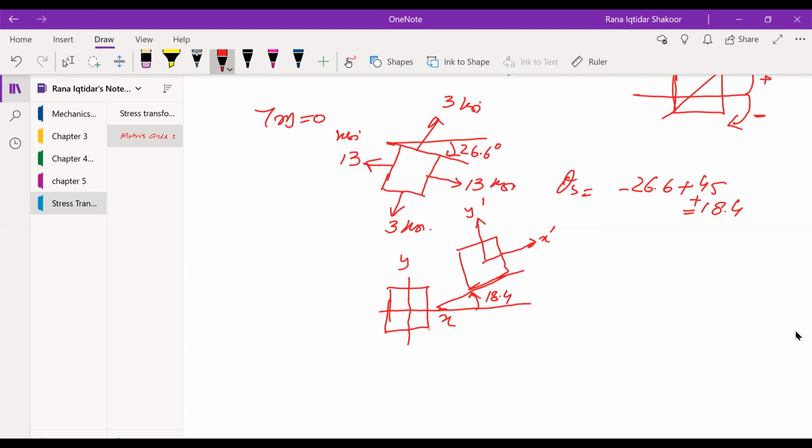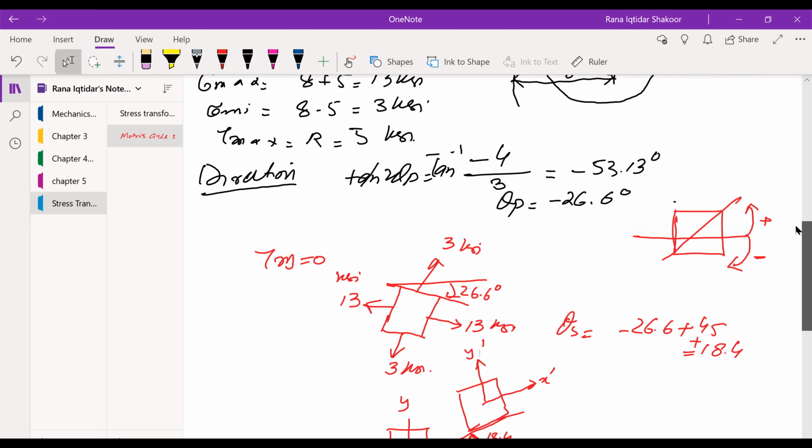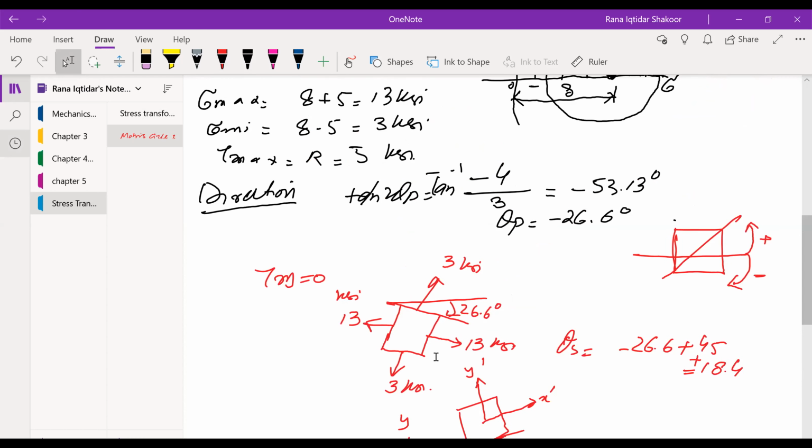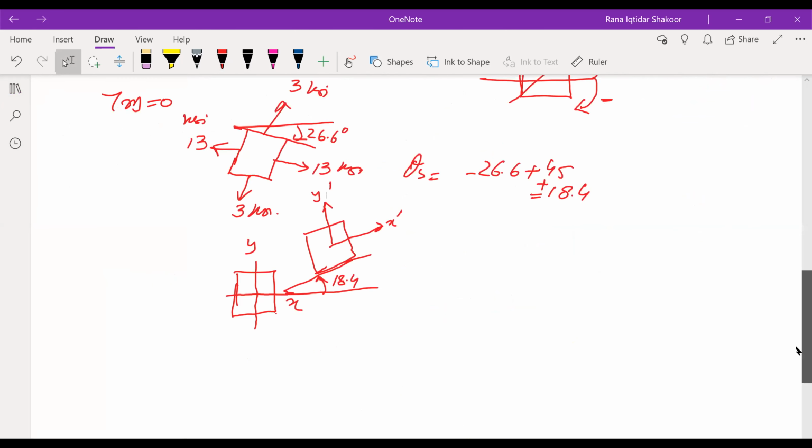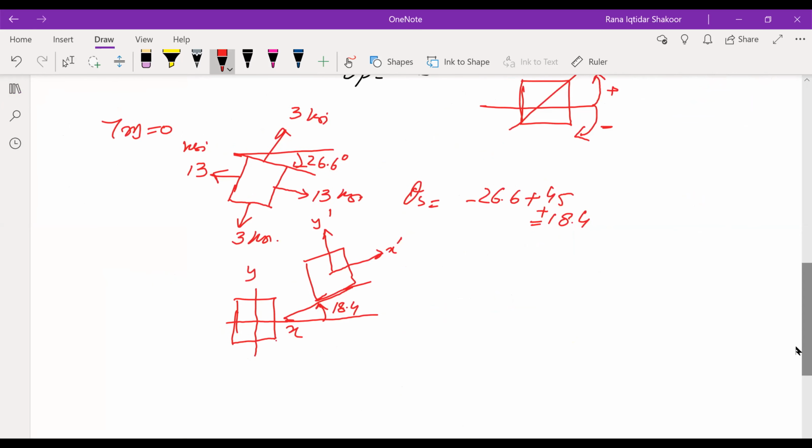Now you will draw tau max. What is the tau max here? We calculated that it is 5 ksi with a positive value, so you will draw the positive value, like 5 ksi like this one. Obviously sigmas will not be 0 there. You will have certain amounts of sigma x and sigma y, and how will you calculate that?